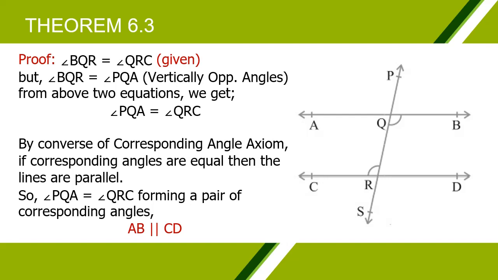Now, by converse of corresponding angle axiom, if corresponding angles are equal, then the lines are parallel. So here, angle PQA and angle QRC forming a pair of corresponding angles gives that line AB is parallel to CD, hence proof.